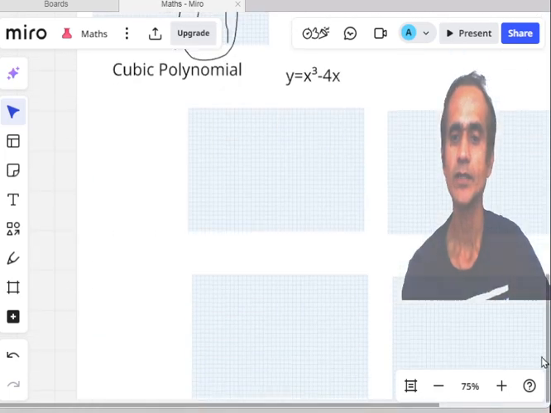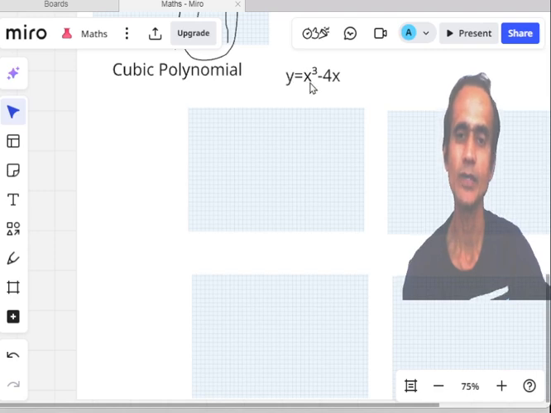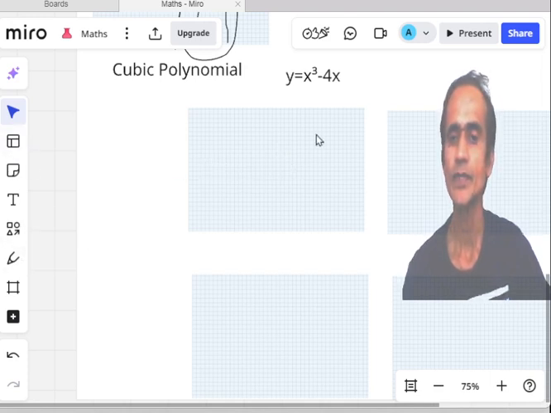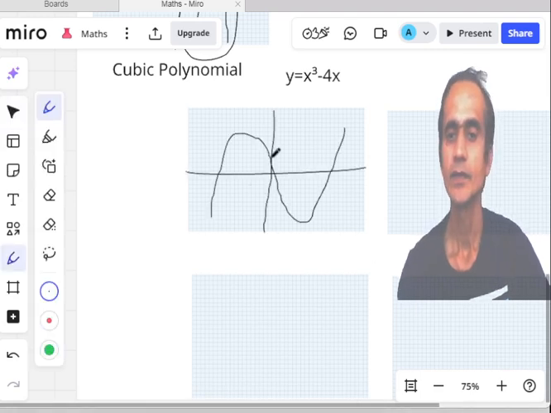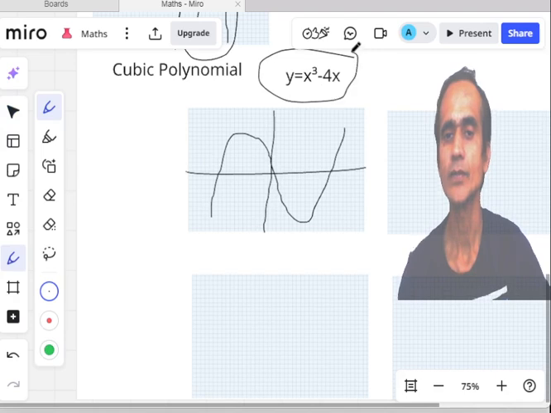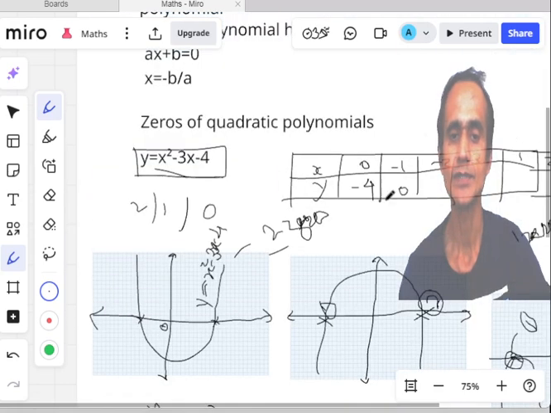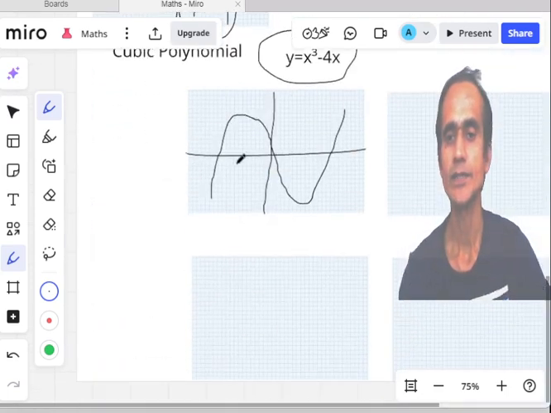But in a cubic equation, if we have a negative number here, the value of y will be negative. If we have a positive number, the value of y will be positive. So the graph of this cubic equation, how will it look like? If we plot the same way by putting the various values in the table, we'll get a graph like this.